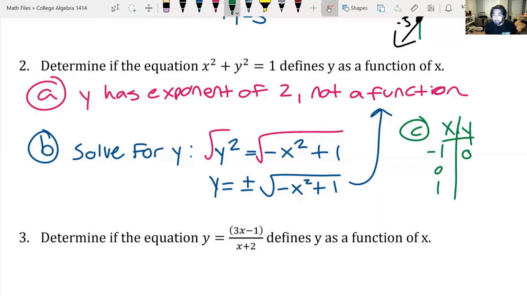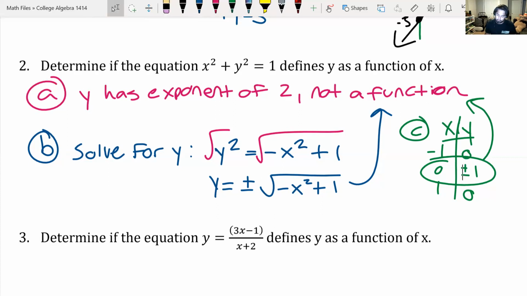But then I plug in 0, and I'll get the square root of 1, so I'll get plus or minus 1. And then if I plug in 1 again, I'll get 0 again. Okay, so what we see here is that for one x value, I get 2 y values. So again, not a function.